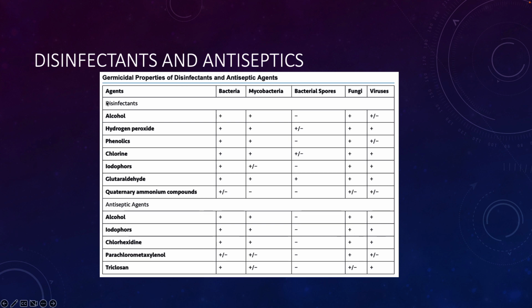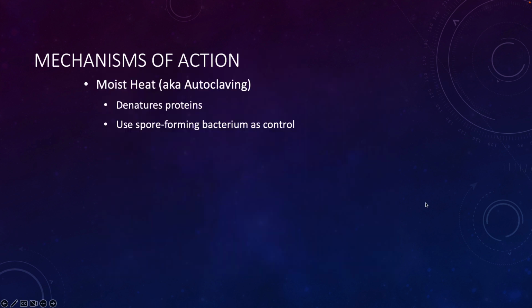And then here it shows you various disinfectants and antiseptics. Remember, sterilants won't be on this table because sterilants remove everything. But if you look at this table, it gives you your disinfectants and your antiseptics and how it works against various groups of organisms. So bacteria, mycobacteria, spores, fungi, and viruses.